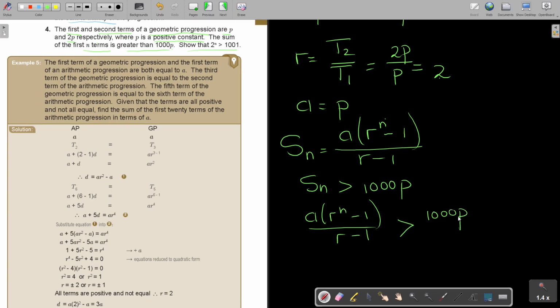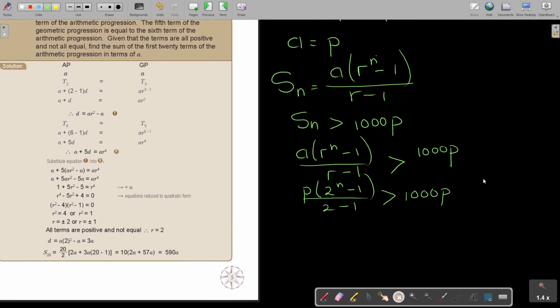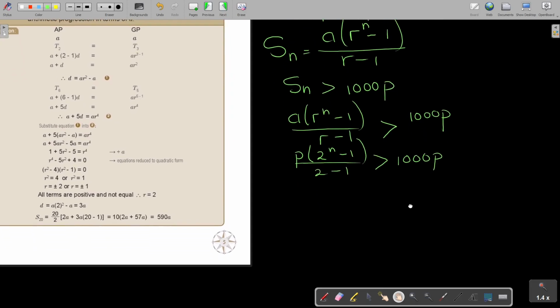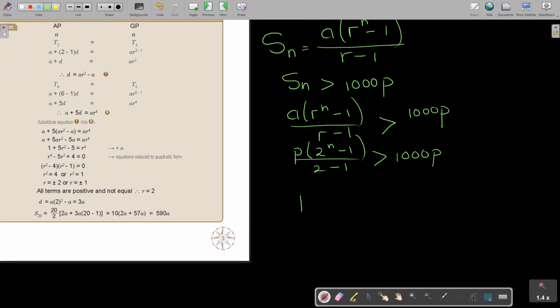In the place of a I put p, in the place of r I put 2, and it's over 2 minus 1, and it's greater than 1000p. Let me simplify. I know I do a long step, but I don't want everyone to follow it exactly; you can always do shorter.